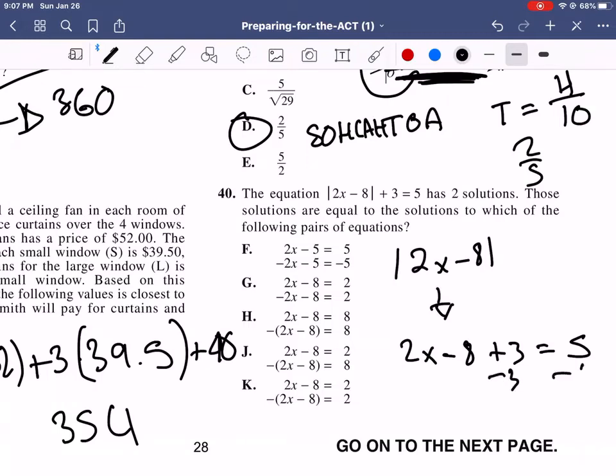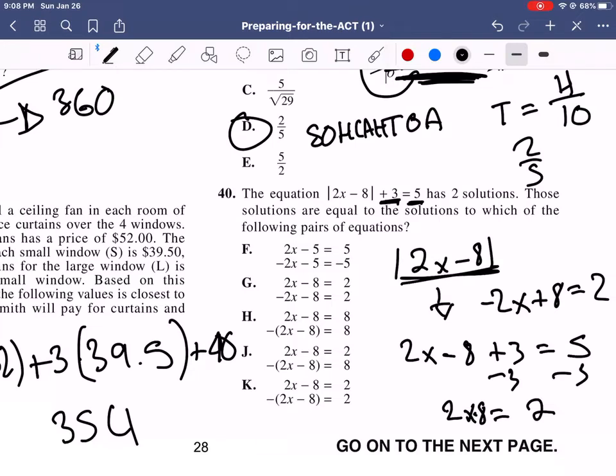Subtract 3, so 2x minus 8 equals 2. Then for the second solution, you turn everything inside into the opposite. So 2x becomes negative 2x, negative 8 becomes positive 8, and you're already subtracting 3 from 5, so 2.